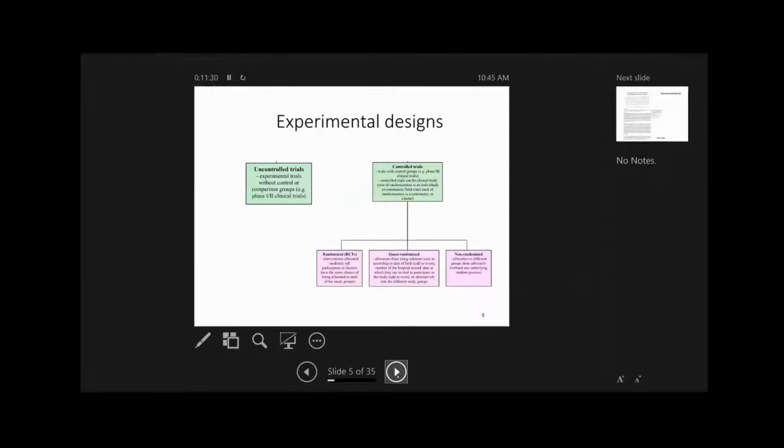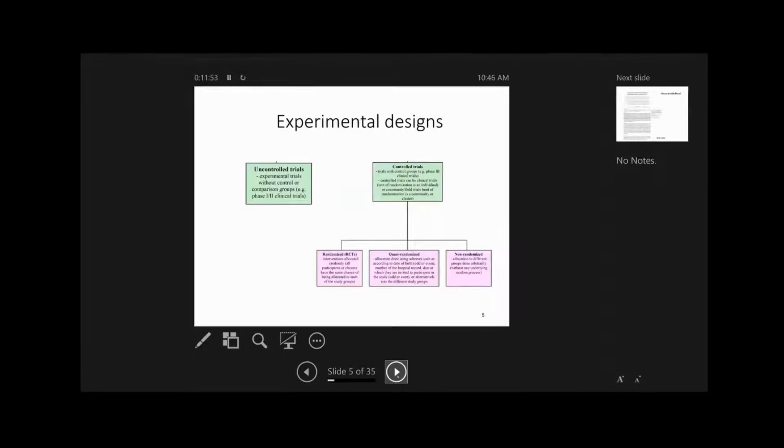So uncontrolled trials are fine. They are often only phase one, at best phase 2A. Then you have to switch to controlled trials. Controlled clinical trials means you're already likely to be in phase three. Okay. Phase three is when you randomize people to treatment versus placebo, treatment A to treatment B, treatment A, B, C, D at the same time.